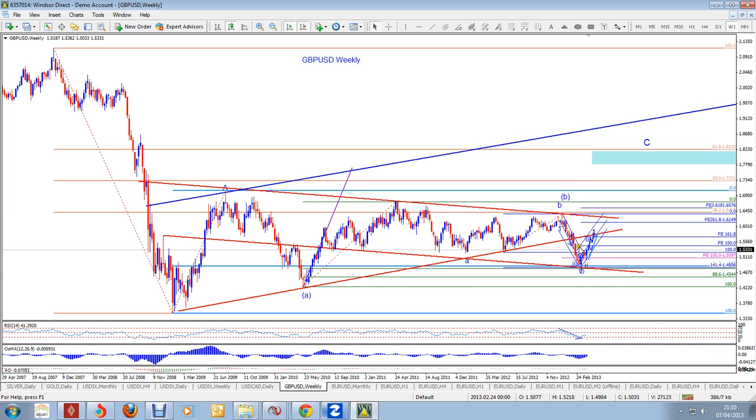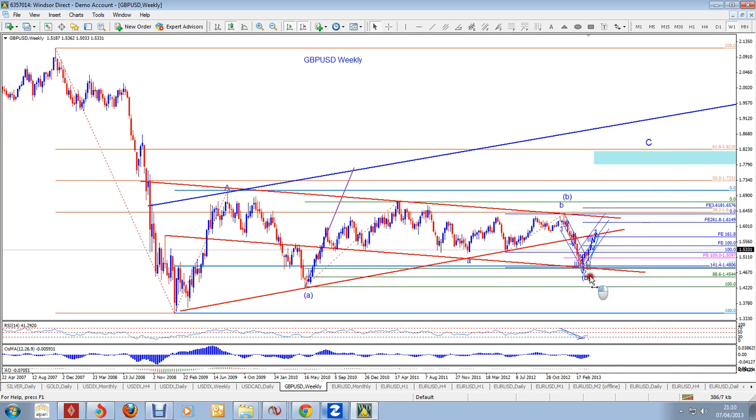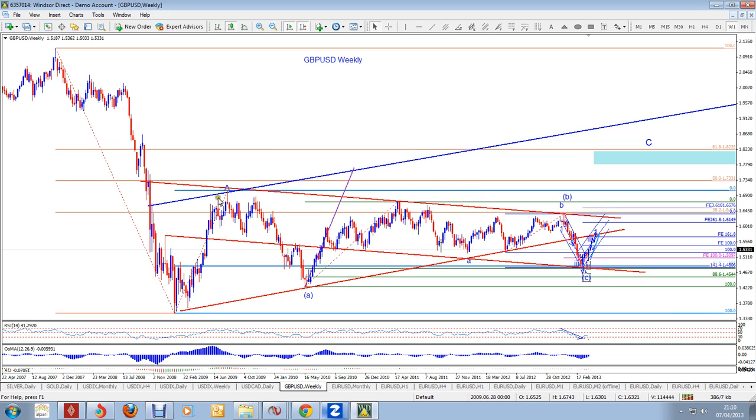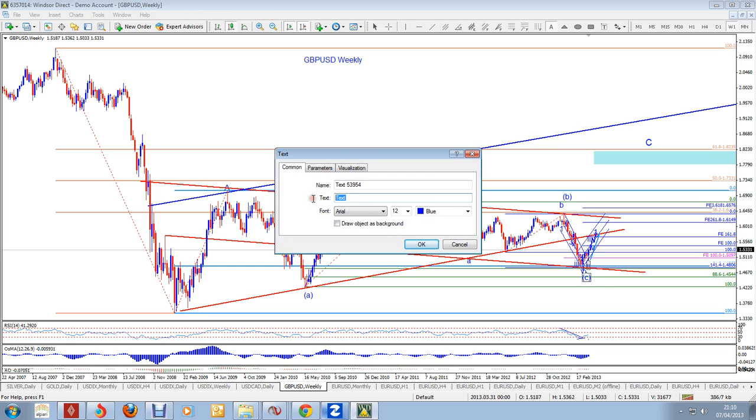So that would give us wave C in bracket, and consequently it would also complete capital wave B.